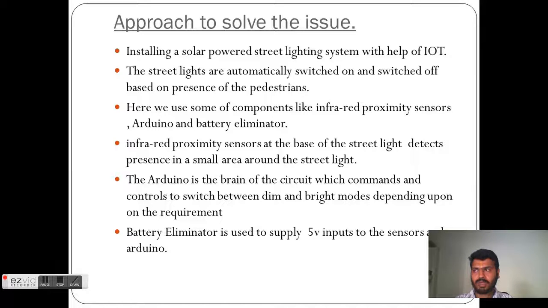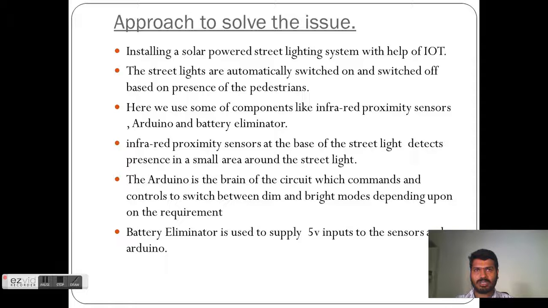What are infrared proximity sensors? They detect the pedestrians around the street lights. It is a sensor which detects the pedestrians around the street lanes. Our system works on the pedestrians.